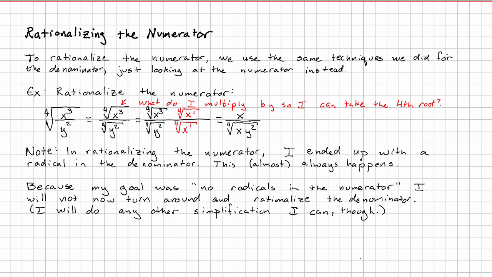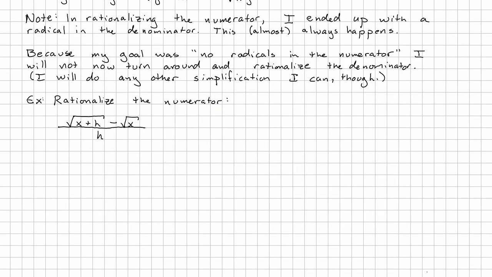Let me show you another example of this, and then I'll give you one to try. Suppose that we want to rationalize the numerator in this expression. Well, notice we have subtraction in our numerator. And in order to rationalize this, we would like to square both terms.